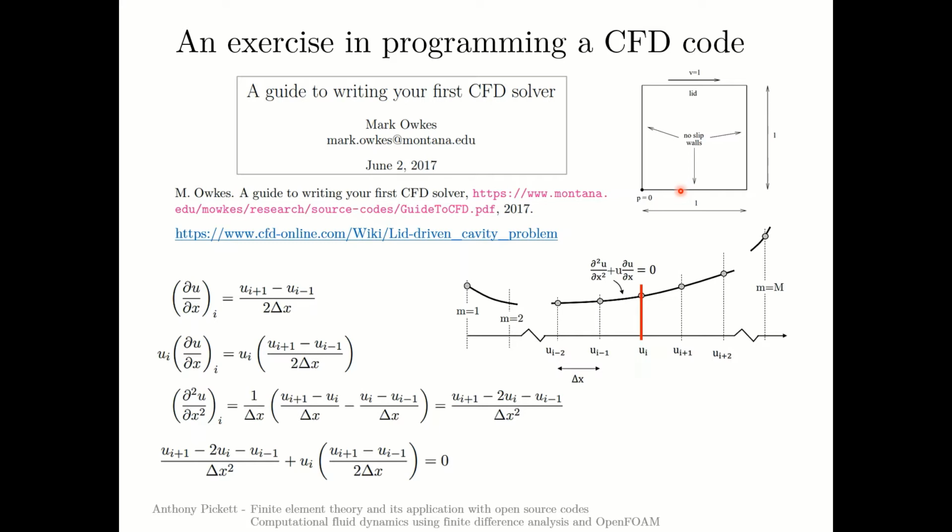I think the extension to 2D should be straightforward, and when you look at the paper from Mark Oakes, you'll understand it better. This function I've drawn has the key features of the Navier-Stokes momentum equation: we've got this d2u/dx squared plus u du/dx.